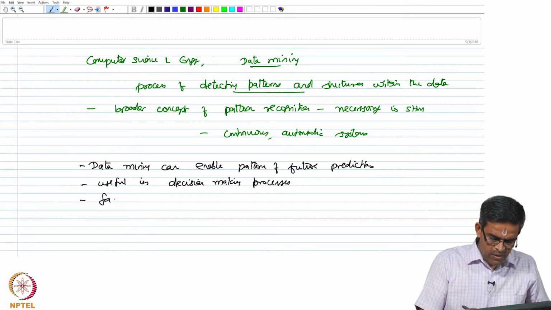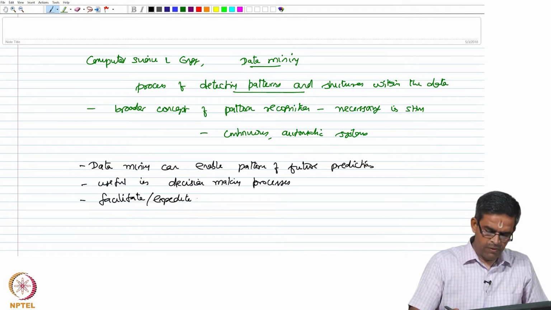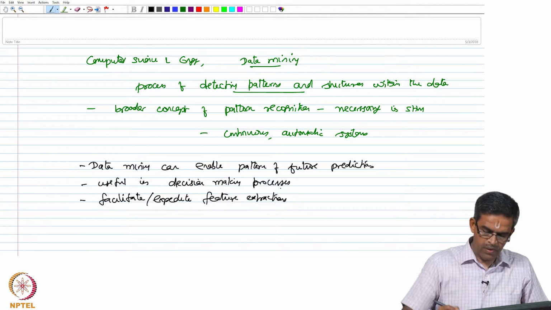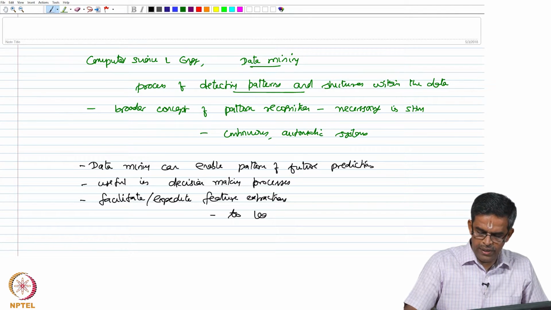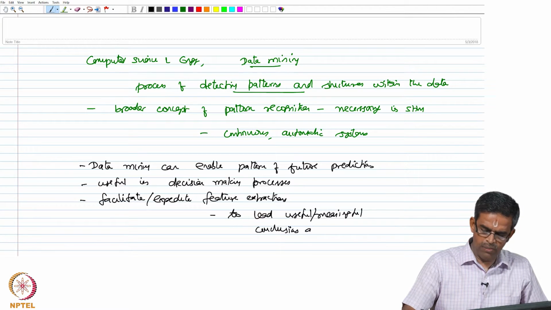It can facilitate and expedite feature extractions to lead to useful, or let us say meaningful, conclusions on the patterns.